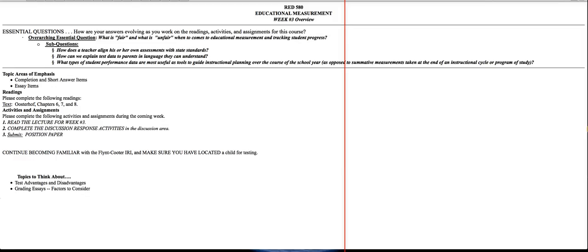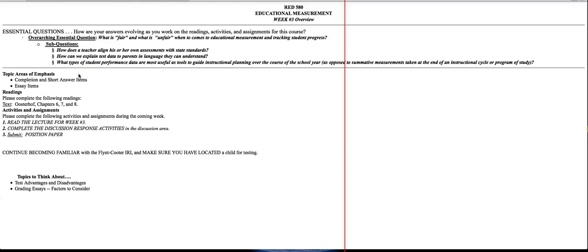But probably most important, it's this week that you'll be administering your informal reading inventory. Of course, you can't do that unless you've secured a youngster and have the permission to test this youngster and share the results. That's very important if you're using a child at your school or another school.